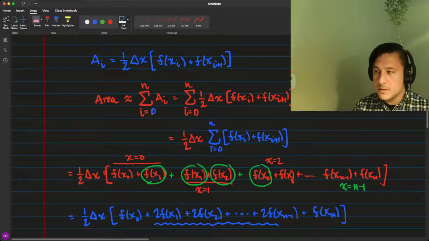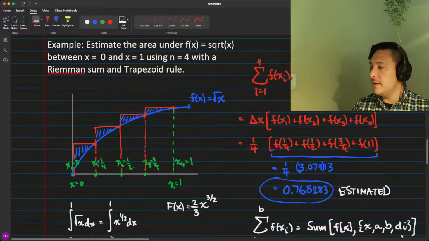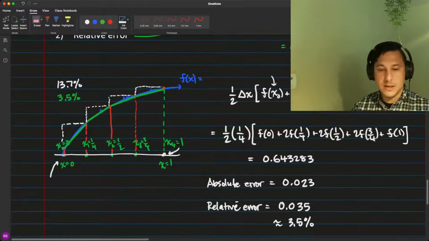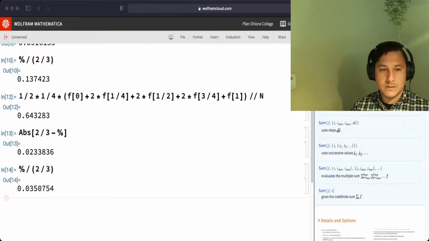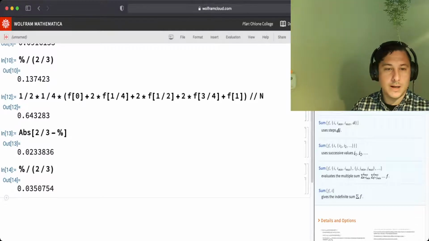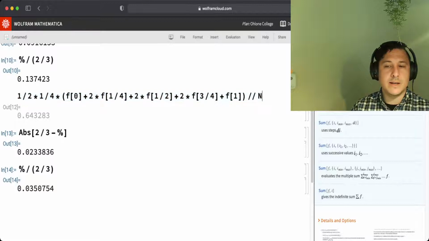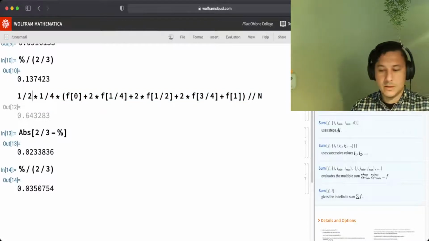Yeah, the way I plugged the relative error into Wolfram is just like a calculator. Let me go back. Okay, so you see I have absolute value of 2/3. Here I calculated the area using the trapezoid rule.